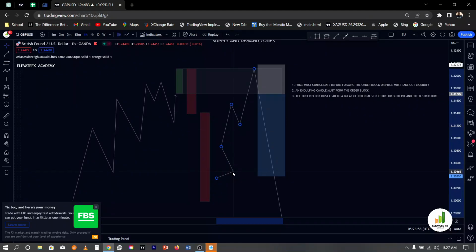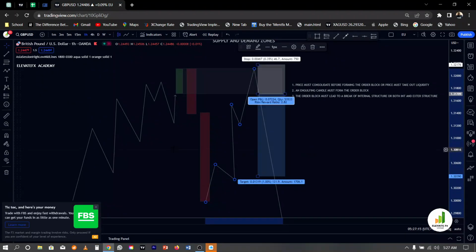So that's another rule, and the order block must lead to a break of internal or both internal and external structure, right? If you have any questions, go through this video again and let me know. Okay, so those are 3 major criteria that I look out for while considering an area as an order block.